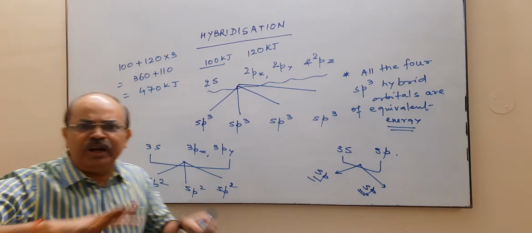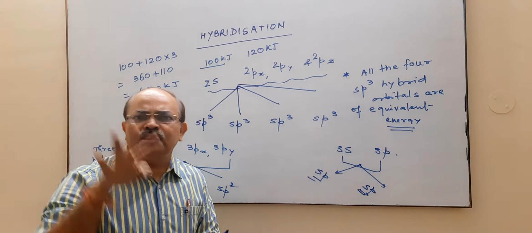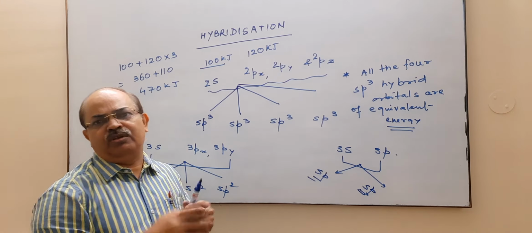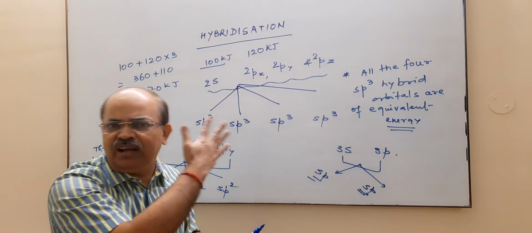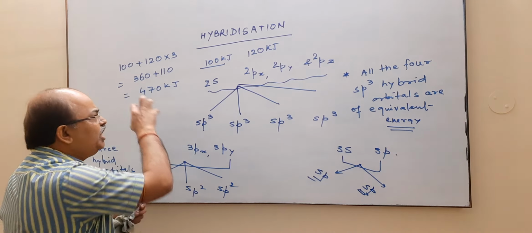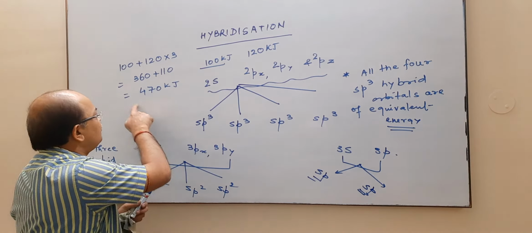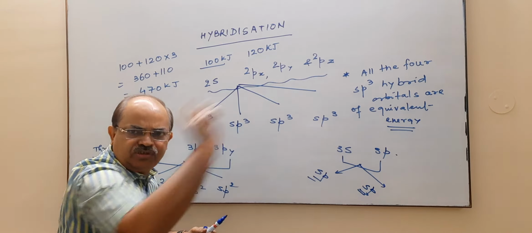So 470 kilojoule is the sum of energy of all the 4 pure atomic orbitals. ये कब? Hybridization से पहले. But after hybridization we have to equally distribute this 470 kilojoule in 4 sp3.